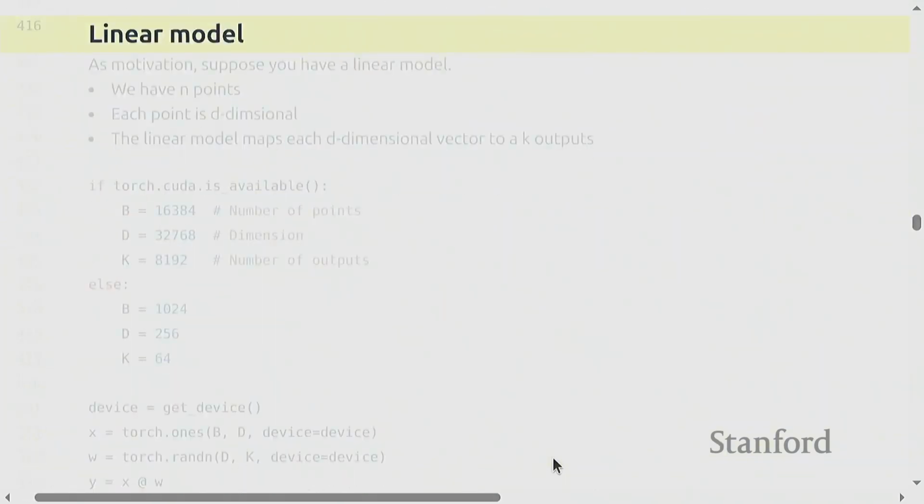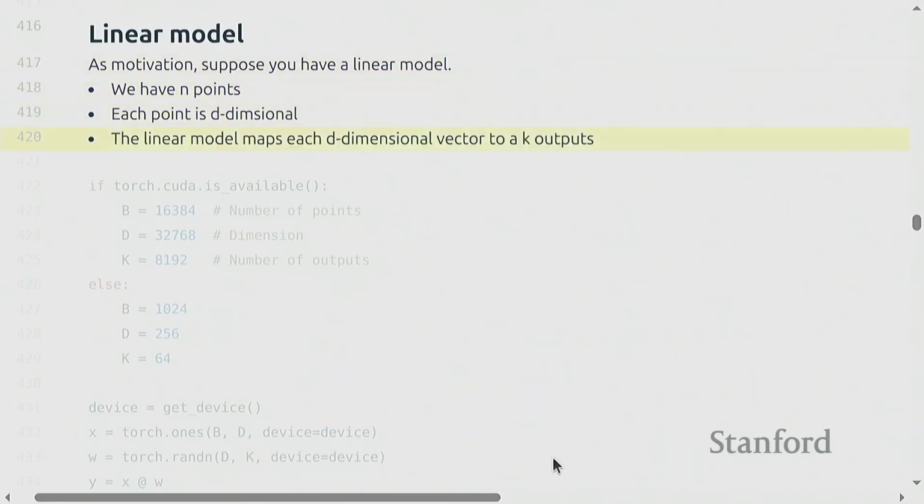Okay, so let's go through a simple example. Remember, we're not going to touch the transformer, but I think even a linear model gives us a lot of the building blocks and intuitions. So suppose we have n points. Each point is d-dimensional, and the linear model is just going to map each d-dimensional vector to a k-dimensional vector.